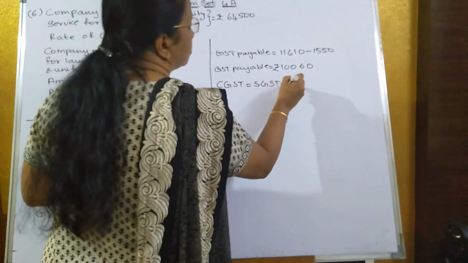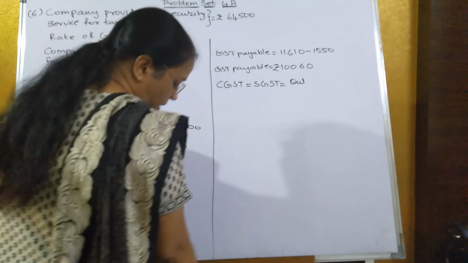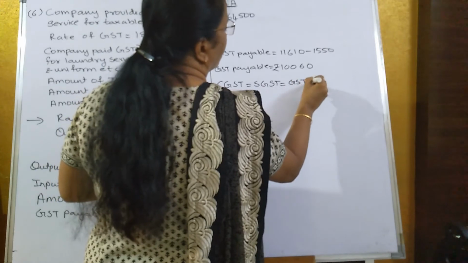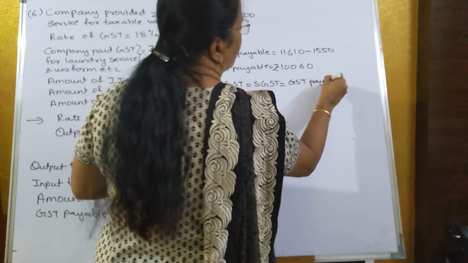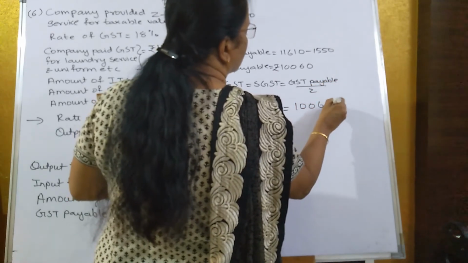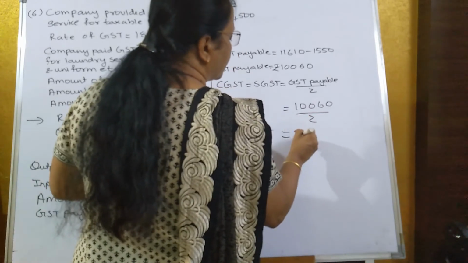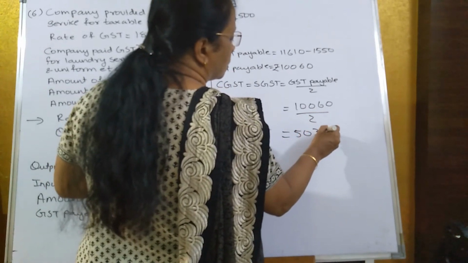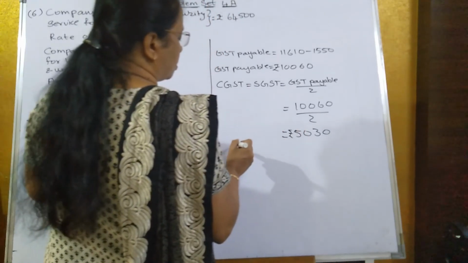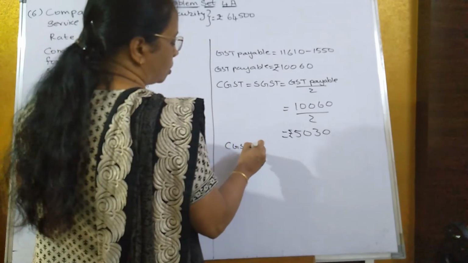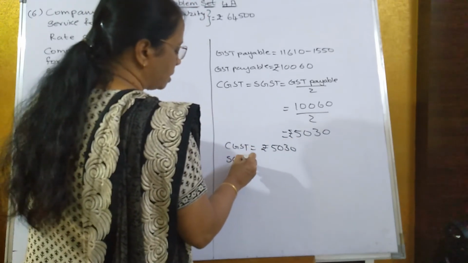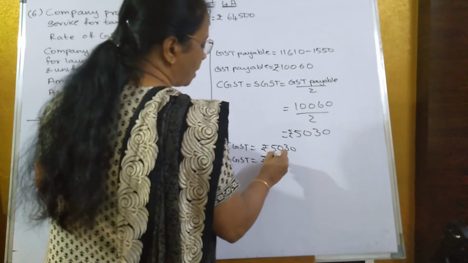That is equal to GST payable upon 2, that's equal to 5,030. So CGST is also equal to rupees 5,030 and SGST is also equal to rupees 5,030.